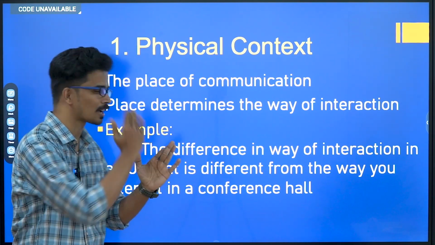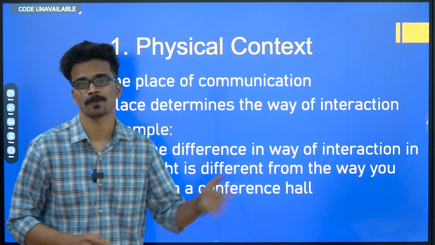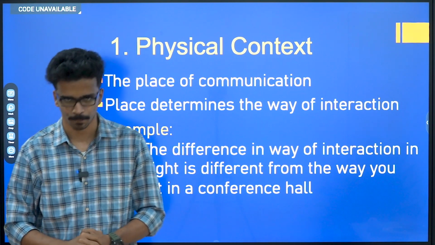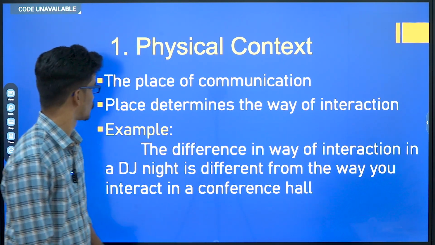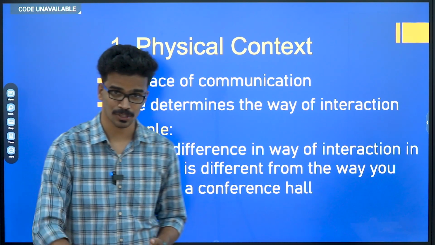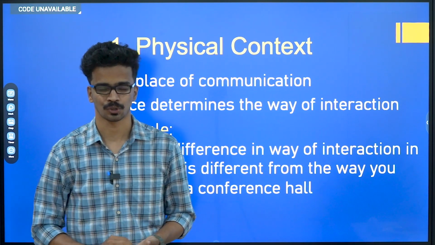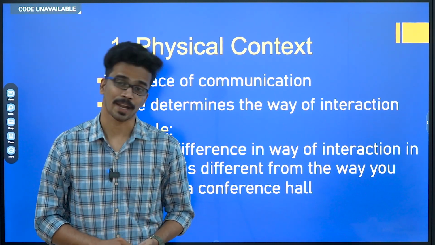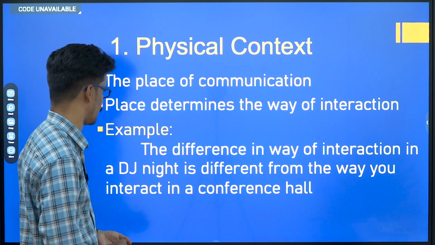That is what comes under physical context. The place of your communication can determine the way you communicate to the other person. It comes under physical context. So this place determines your way of interaction, how loudly you should speak, what kind of words you can speak. All of it comes under place of communication.